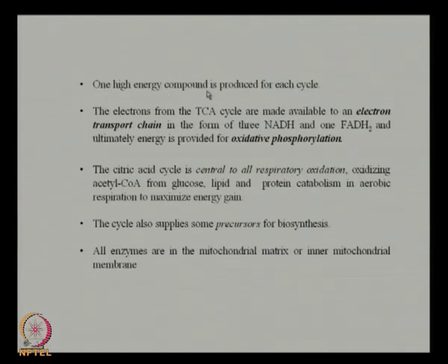One high energy compound is produced for each cycle of the citric acid or TCA cycle. The electrons from the TCA cycle are made available to the electron transport chain in the form of 3 NADH and 1 FADH2, and ultimately the energy is provided for oxidative phosphorylation. When we complete the TCA cycle, we will see how many molecules of NADH and FADH2 are produced along with some byproducts.